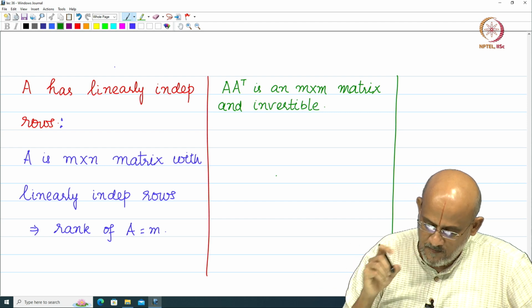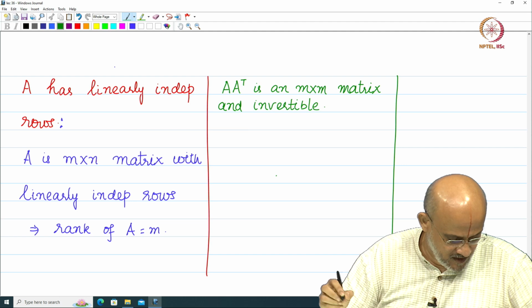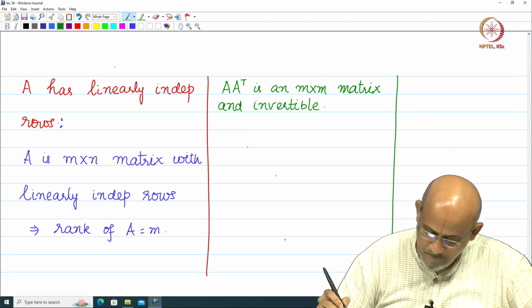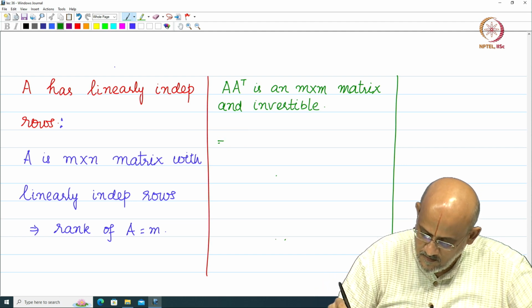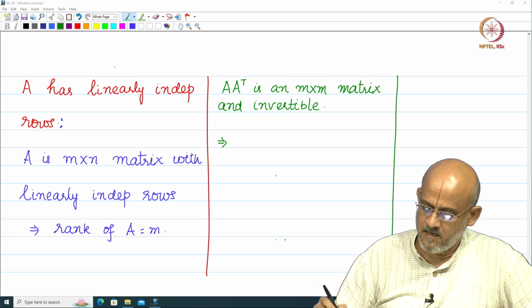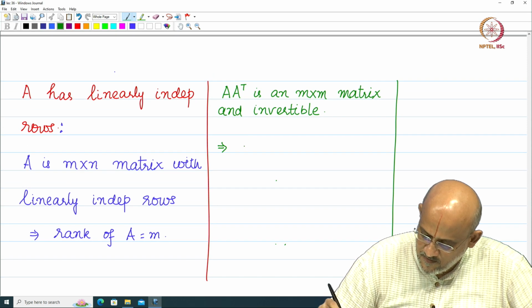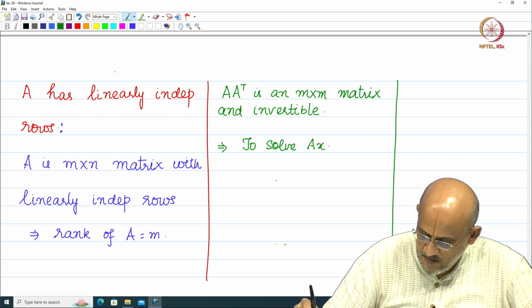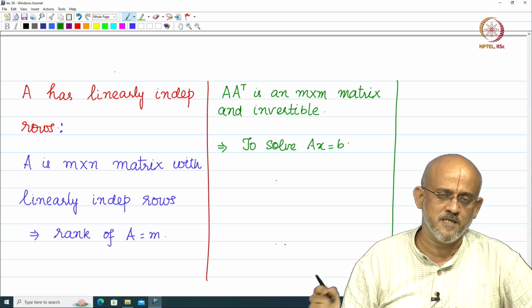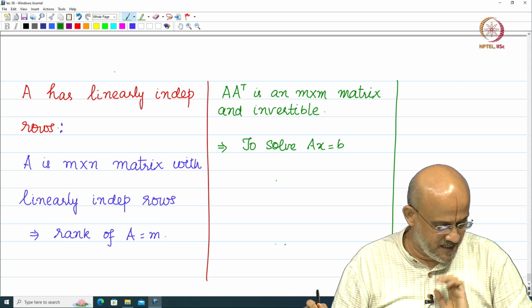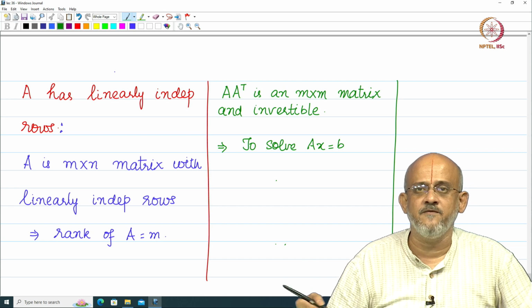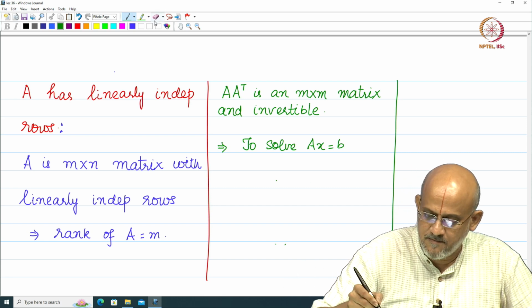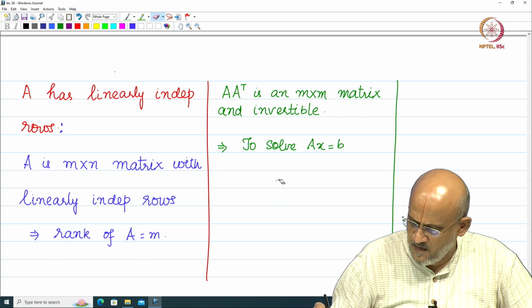So let us look at this. In this case, to solve Ax is equal to B, we again do the same business with projection and so on.